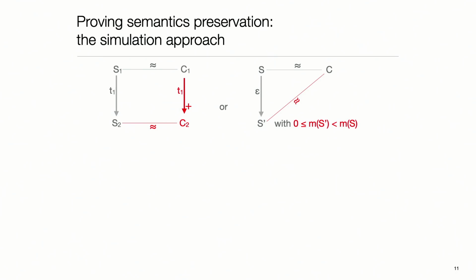In order to avoid this situation, where the source program stutters, we have to strengthen the simulation diagram. For instance, here we use a measure computed on source states. This measure decreases during the execution of the source program. So this is here one of the simulation diagrams that is used to prove the correctness of some compiler passes.